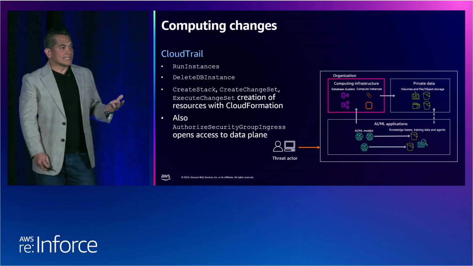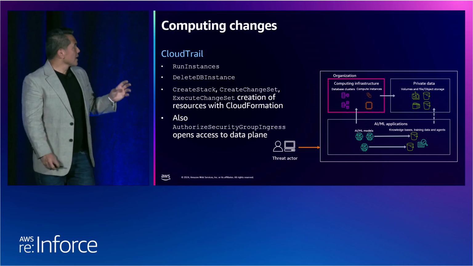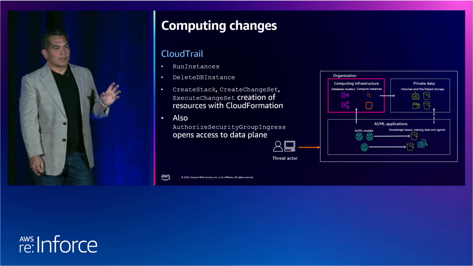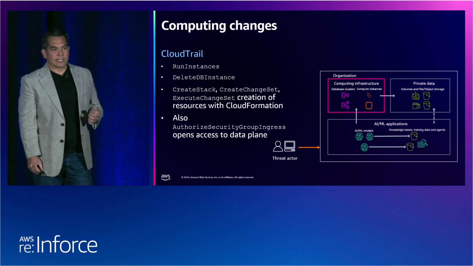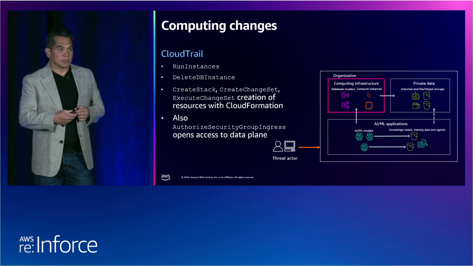RunInstances is an event that's logged in CloudTrail, and so is DeleteDBInstance. There's also a series of CloudFormation events like CreateStack, ExecuteChangeSet, and CreateChangeSet, which uses CloudFormation to create resources.